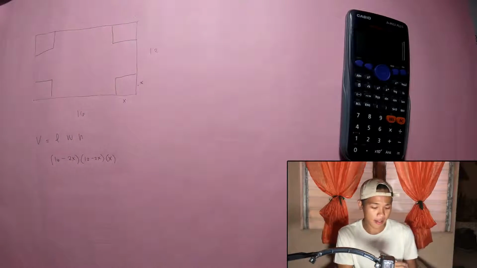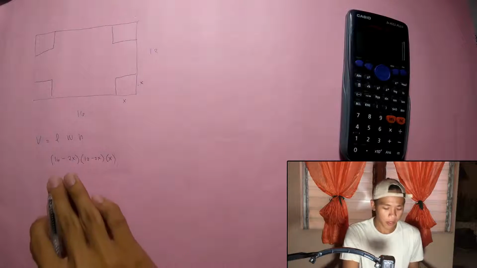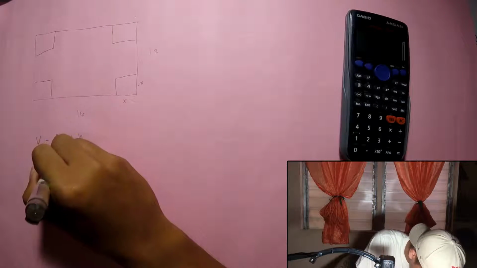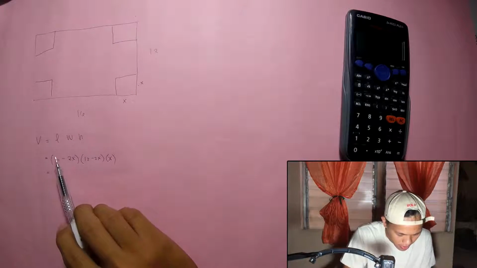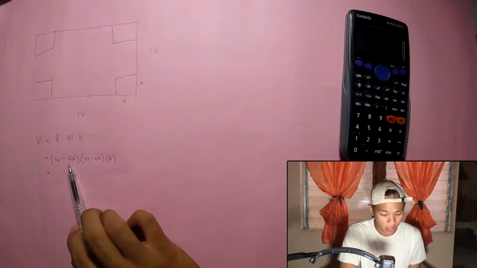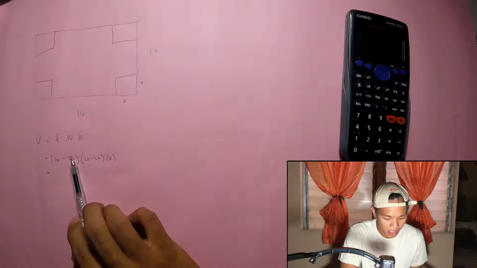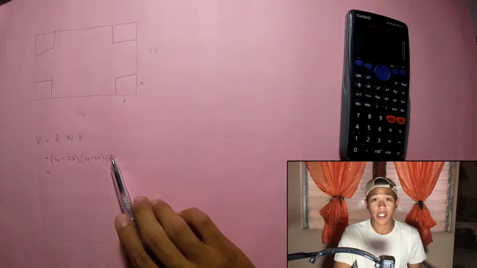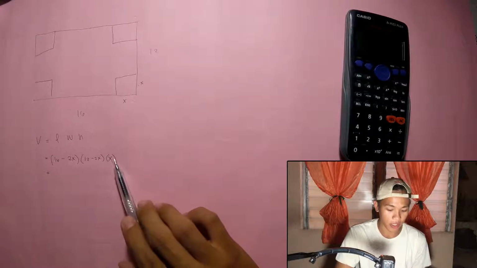So now that we have this, let us multiply all of these. So we distribute them, 16 times 12 and then 16 times negative 2x, and then negative 2x times 12, and then negative 2x times negative 2x. And then we will later multiply this one over here, which is x.